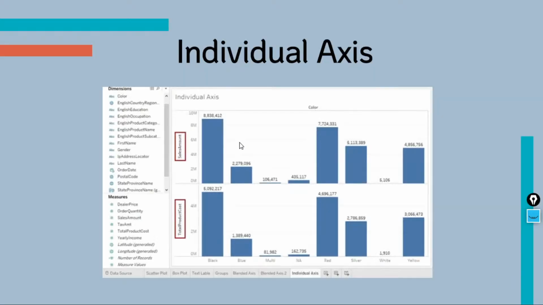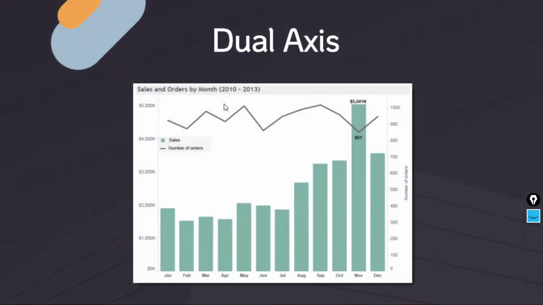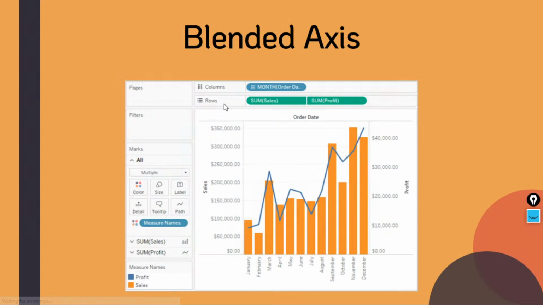Let us go back to this slide and see if we have missed anything. Individual axis, dual axis, and we have blended axis.